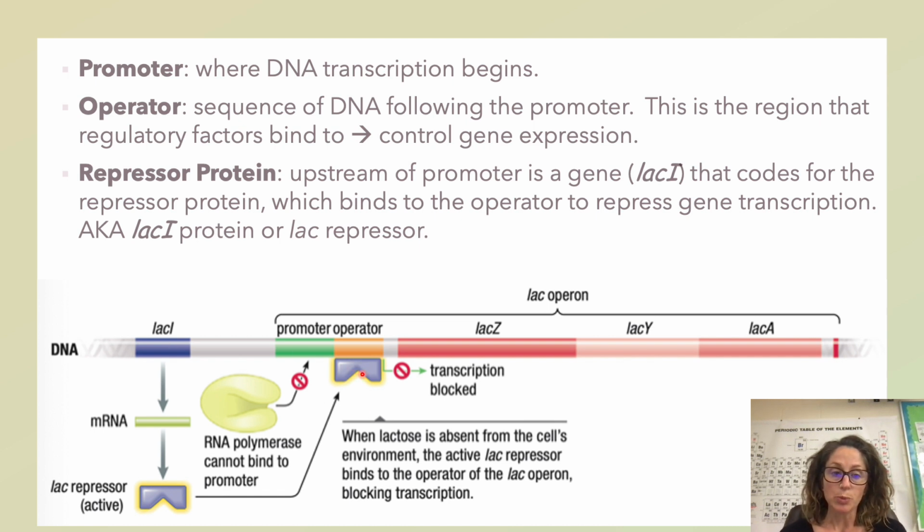This is the actual protein, but here is the gene. This is the LAC-I gene. This codes for the repressor. So when this gets transcribed to an mRNA and translated to the protein, a LAC repressor, then it will go and bind to the operator and prevent transcription of these downstream genes.